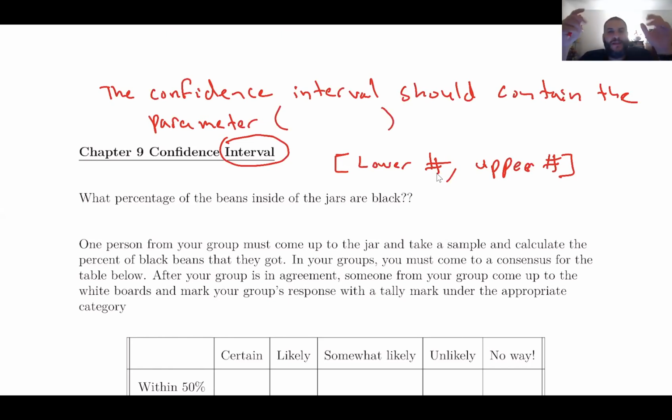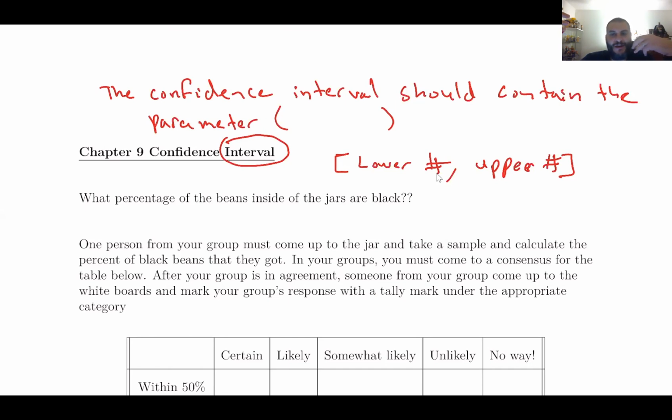The way you want to think about it, we don't know what the parameter is, and we're hoping that our confidence interval narrows it down to what it possibly could be. In case you forgot what parameter means, going back to chapter 1, parameter means a numerical value that I extract from the population.